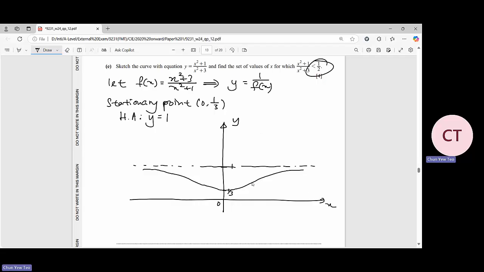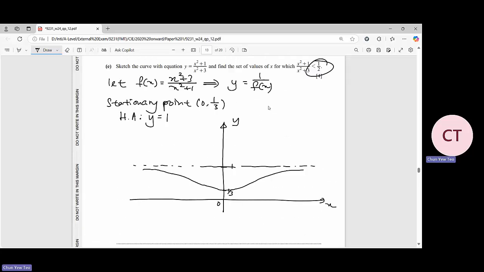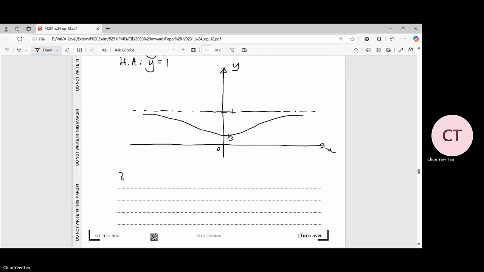Now they want you to find the inequality. Over here, you just need to let them be equal. 2x squared plus 2 equal to x squared plus 3. x squared is equal to 1. Your x is equal to plus or minus 1.